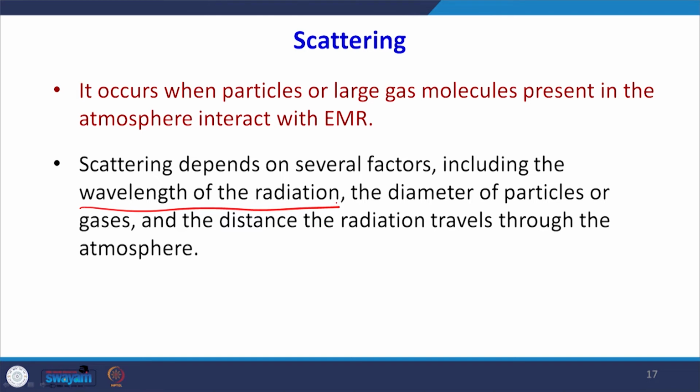It also depends upon the diameter of the particle, the size of the particles or gases present in the atmosphere, and also the distance that the radiation travels from the sun to the atmosphere or to the object. So it depends upon three things: the distance, the wavelength region, and the diameter of the particles present in the atmosphere.